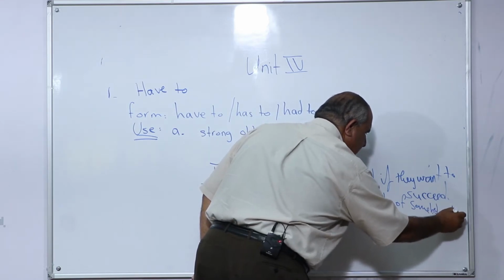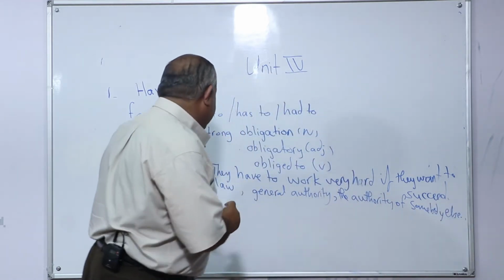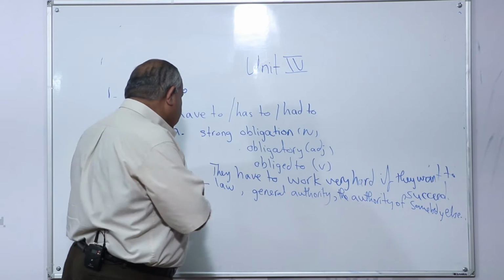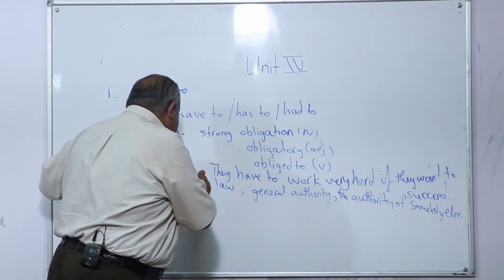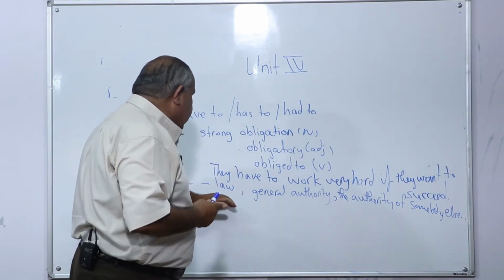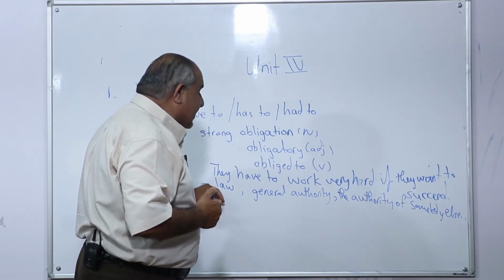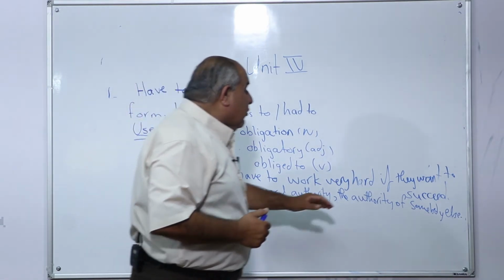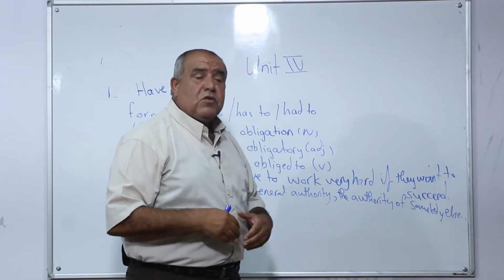So number 1, it means a strong obligation. B, it means general obligation, the obligation which is based on law, the authority which is based on somebody else.